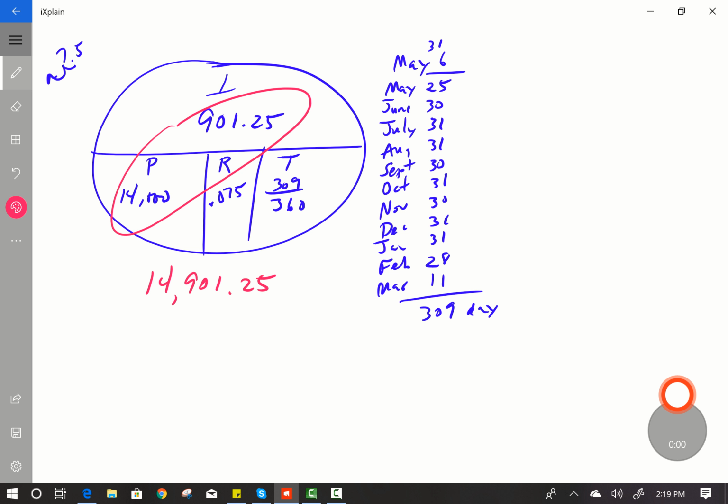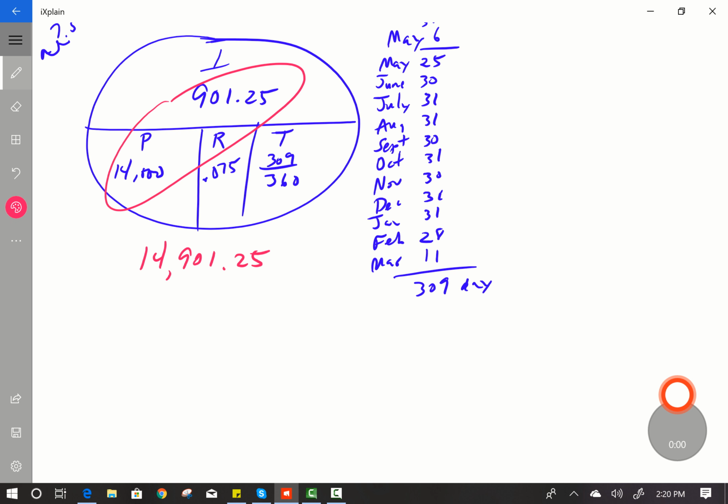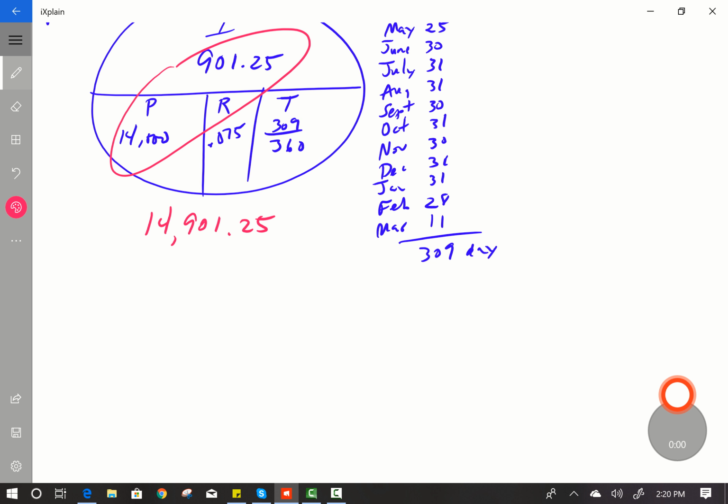Okay, number 4. Gail Ross met Jim Ryan, which was in problem 3, at the Lane Bank. After talking with Jim, Gail decided she would like to consider the same loan using exact interest rather than ordinary interest. Can you recalculate the loan for Gail under this assumption? Absolutely. Instead of using 360 days, we're going to use 365 days. So that's 14,000 times 0.075 times 309 divided by 365.